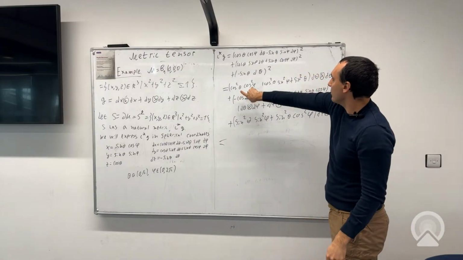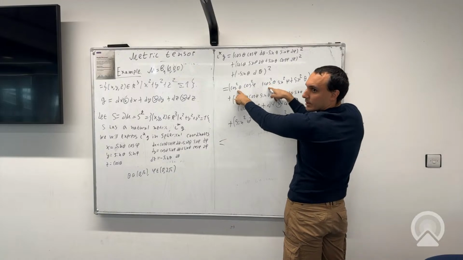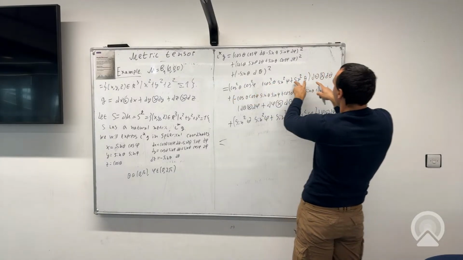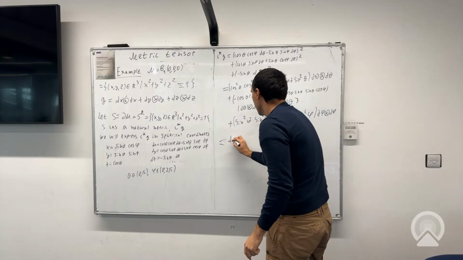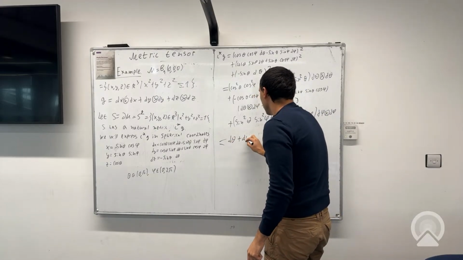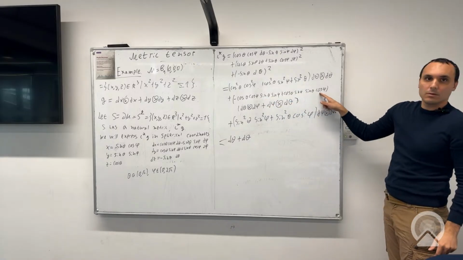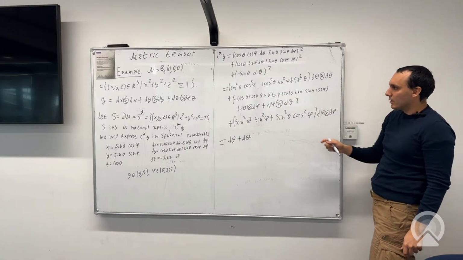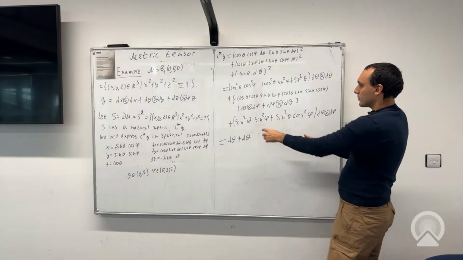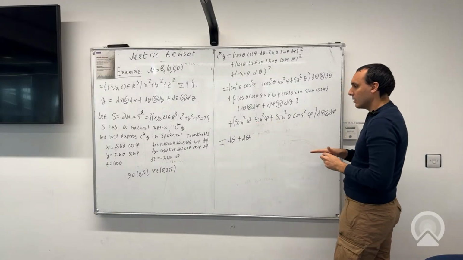Okay, from here we have cosine squared plus sine squared, only cosine theta remains, and then with sine squared theta only one. So this is the theta plus the theta. This is 0. We have minus something plus the same thing, and here we have sine squared theta because this cancelled.